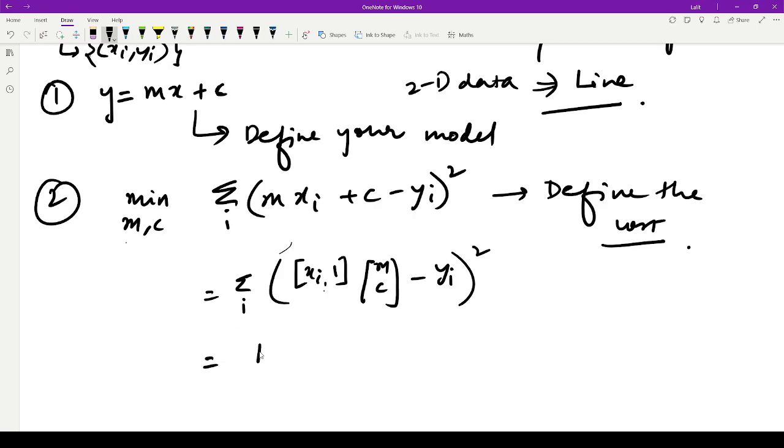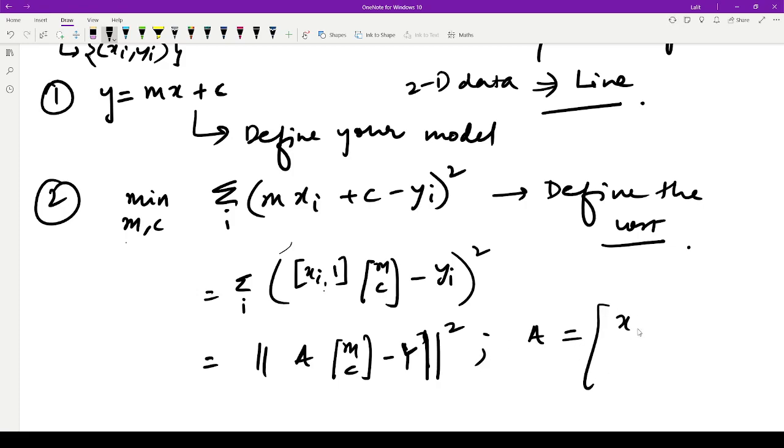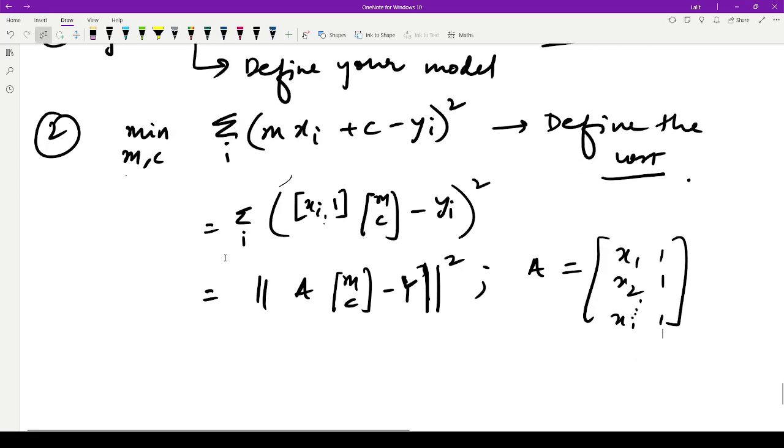So this turns out to be something like A times these parameters minus capital Y norm squared, where A is x1, 1, x2, 1, like this, where each row is the x component and the 1 appended to it, and capital Y is just the vector containing all y's.